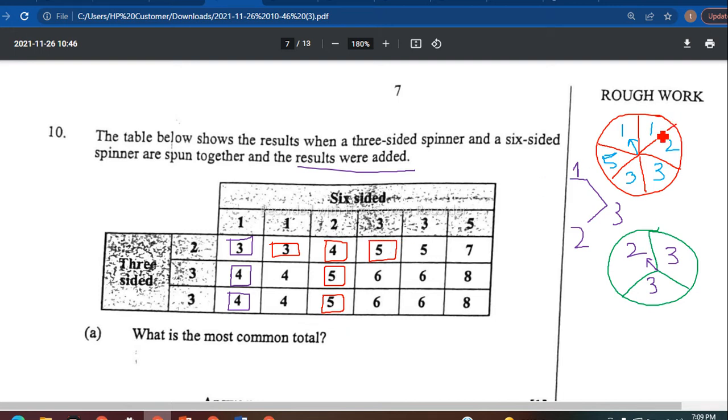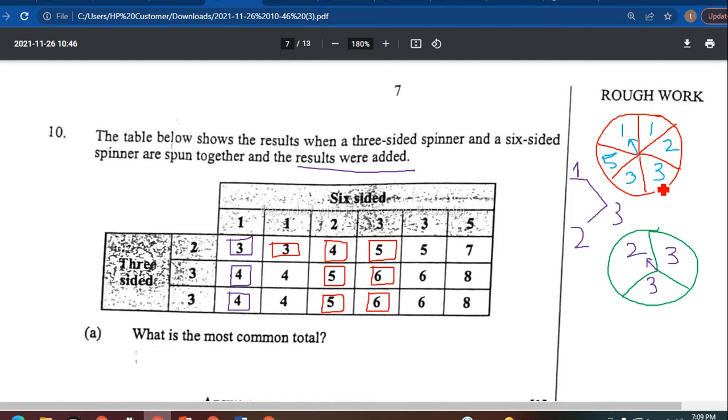If we spin this and got 3, and then spin the other and got 3 again, the sum is going to be 6. So this is showing us all of the possible sums we could get with the 2 spinners. You understand that? Yes, sir.